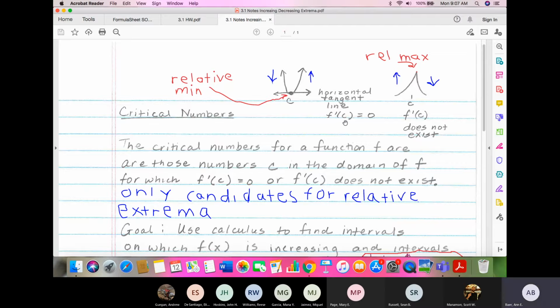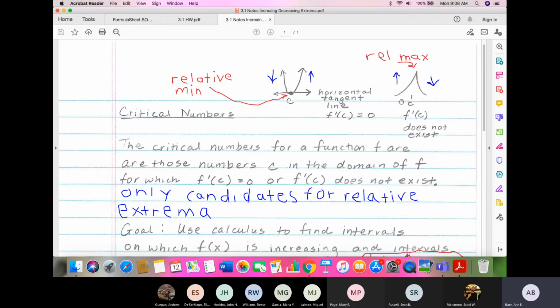That's very important because it turns out that where the first derivative is 0, that particular value of C is a candidate for a relative extreme point. A relative extreme point is a point like this. It's a low point on a graph in a small region, or a high point on a graph in a small region. So we'll get to that more in a bit.